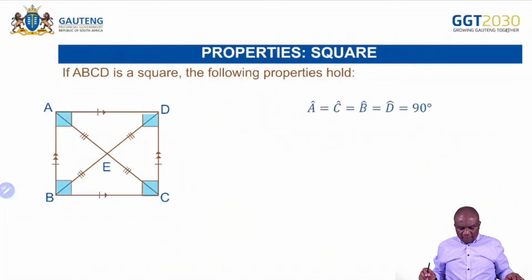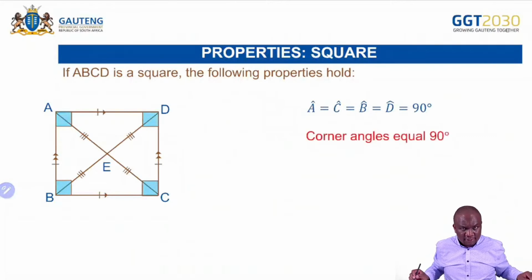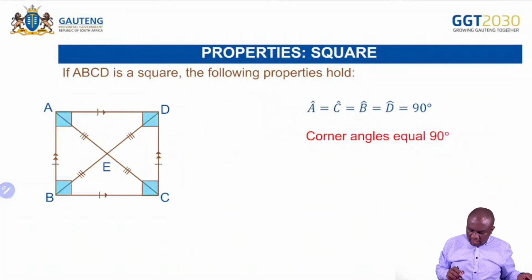Try to be fast. Then just like a rectangle, the interior angles, corner angles equal 90 degrees. Just indicate fast.